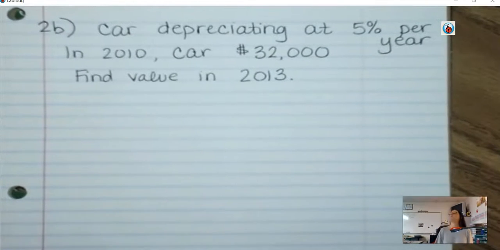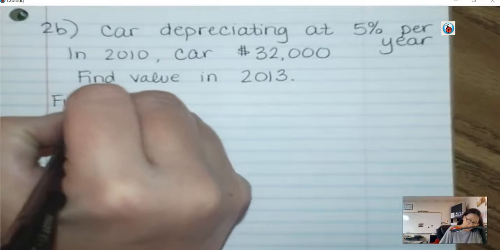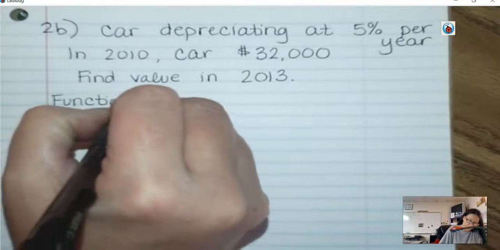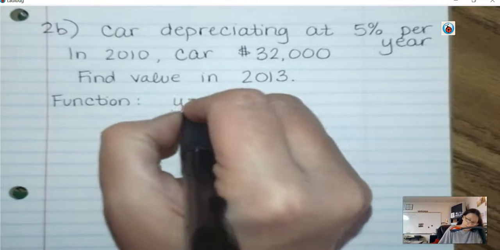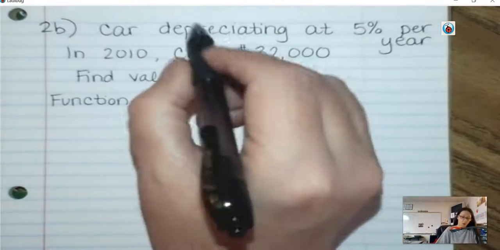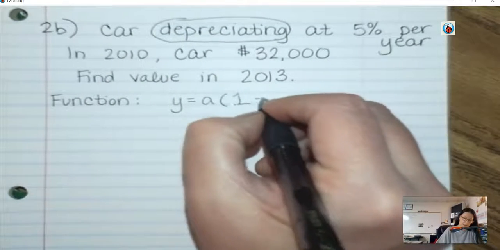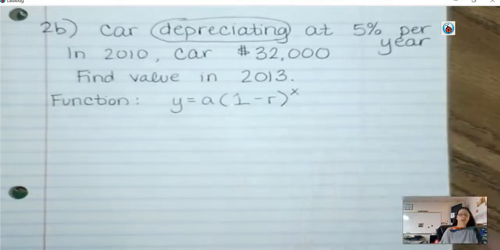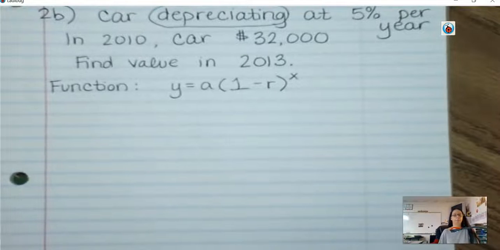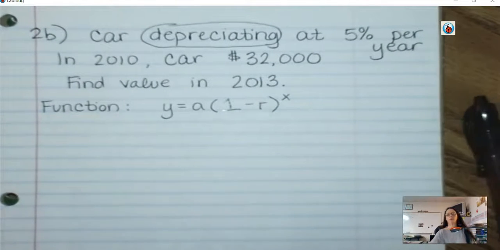Okay, first we have to come up with the equation. So to write that exponential function, it's always y equals a times, this is depreciating, which means it's going down, so we're going to use 1 minus the rate to the x power or the t power. Okay, go ahead and see if you can fill that out by yourself.